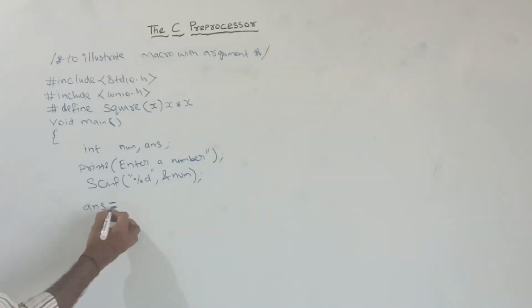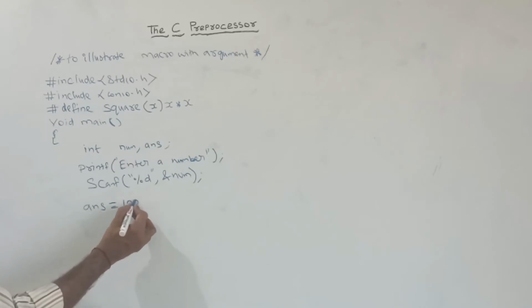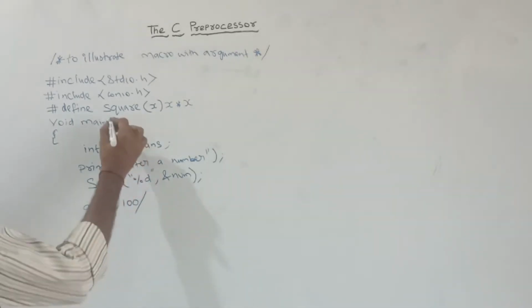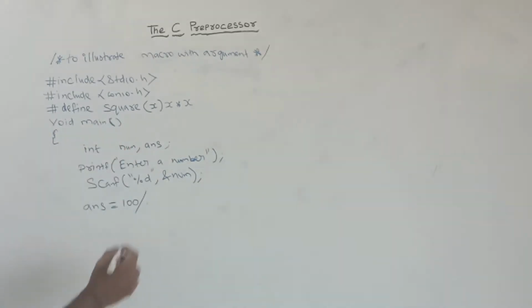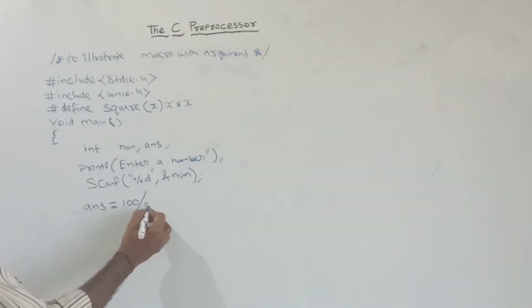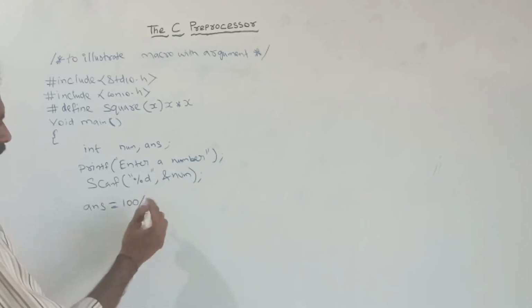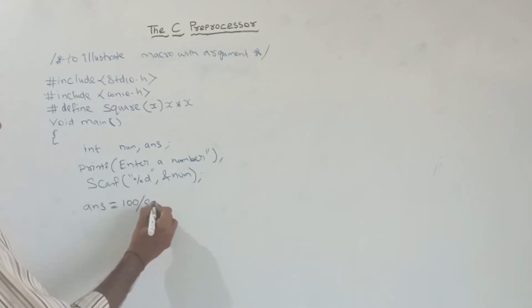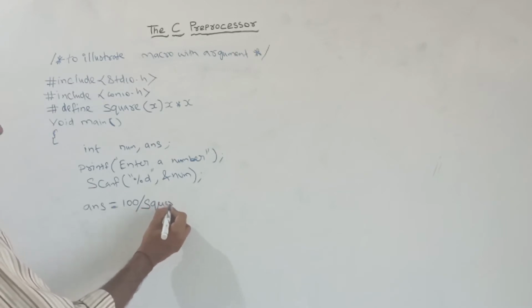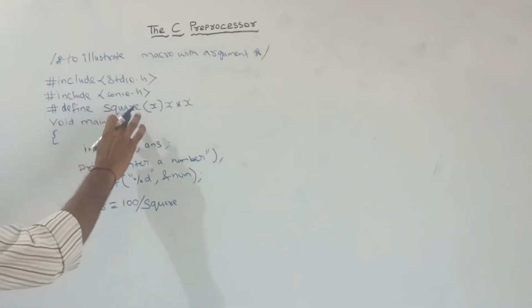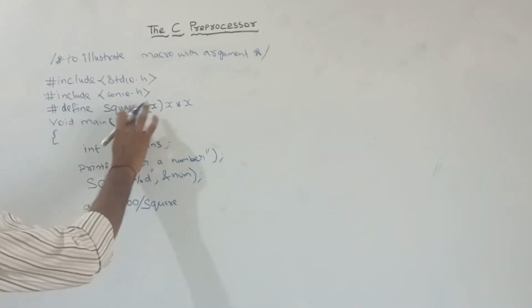See, suppose if you are giving like this 100 divided by, here my macro template name is sq, divided by square. This is in small letter, this is also right. See, this is the better way for macro.